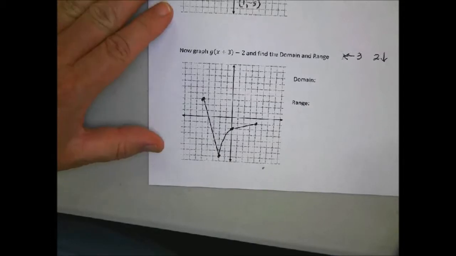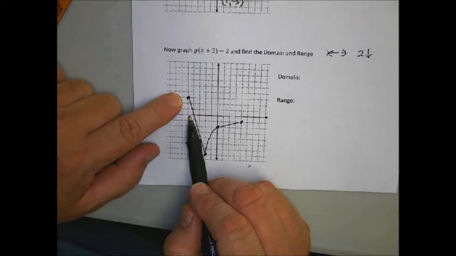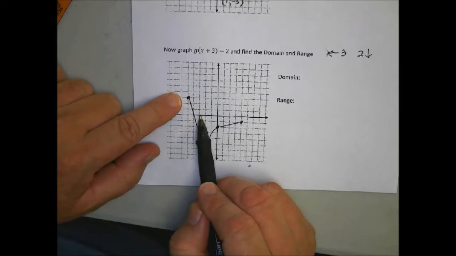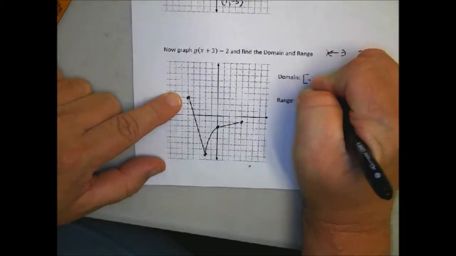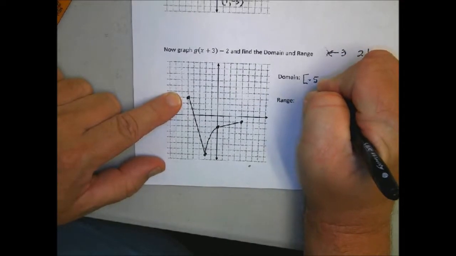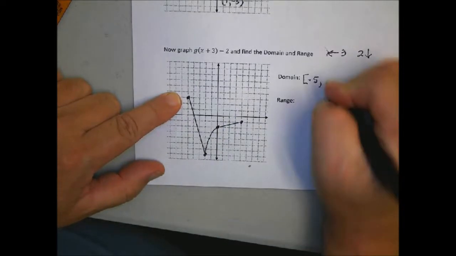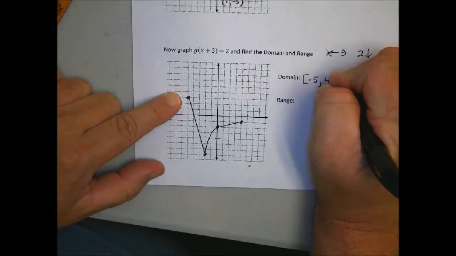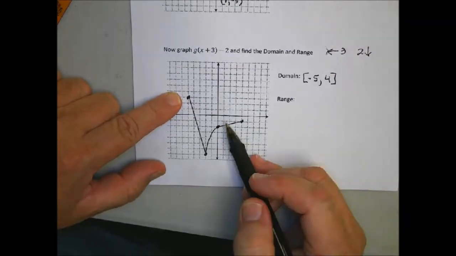Now, domain and range. Still left to right. Okay, what's the furthest left point? 1, 2, 3, 4, 5. Negative 5. What's the furthest right point? 1, 2, 3, 4. The range, the low to high. What's the lowest point?